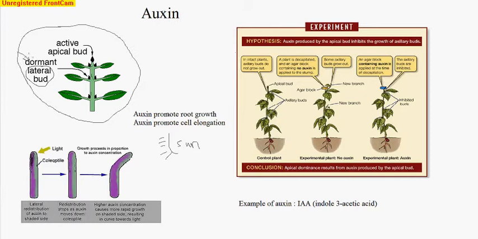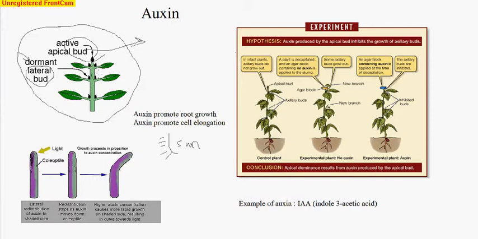But if you want this lateral bud to not become dormant, you want it to grow, you have to remove this. If you remove this part and throw it away, then this auxin won't be produced here.